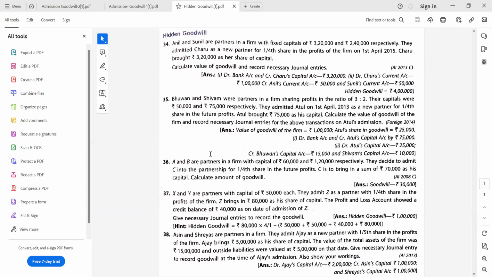They admitted Z as a partner with 1/4 share in the profits of the firm. Z brings in 80,000 as his share of capital. The profit and loss account showed a credit balance of 40,000 as on date of admission of Z. Give necessary journal entries to record the goodwill. Can you do this? Yes, sir, I'll try.